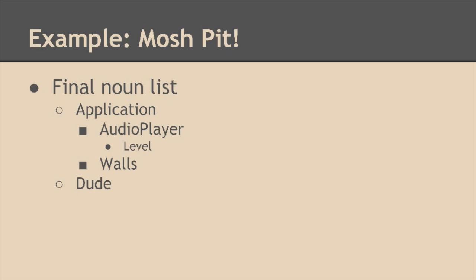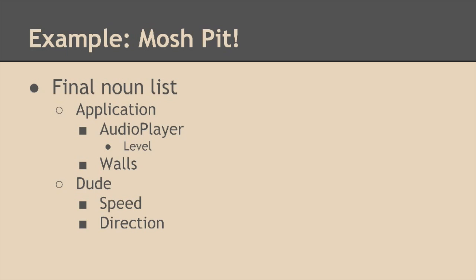Now the other major class that we will have to write is the dude class. So which of those nouns from the previous list are actually characteristics of the dude? Well, speed and direction. So those two elements from our noun list are actually characteristics of our dude rather than separate classes. So based on all this, we're going to have two separate classes that we're going to write.